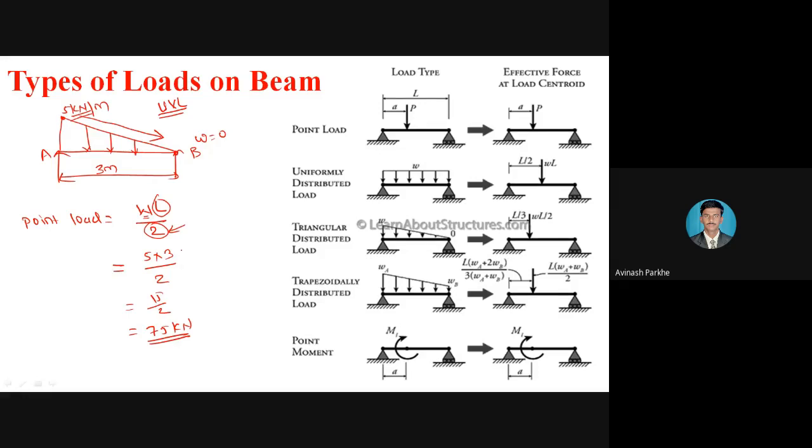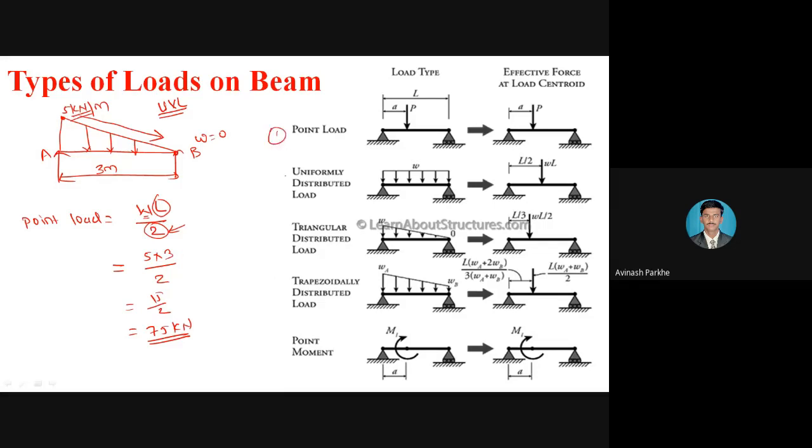UVL is the load, or the intensity of loading, which increases or decreases at a constant rate. That particular load is called a UVL. Also, it is called a triangular distributed load. So these are the three important types of loads which we have to discuss in this chapter, and based on this we have to solve the numericals.